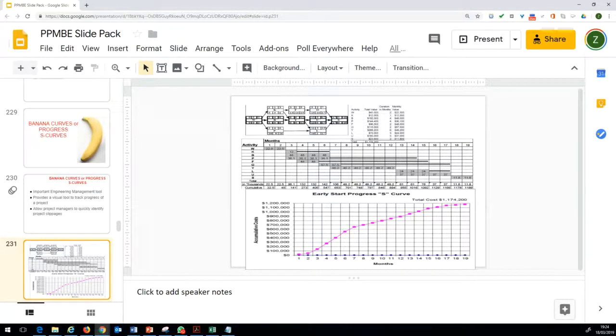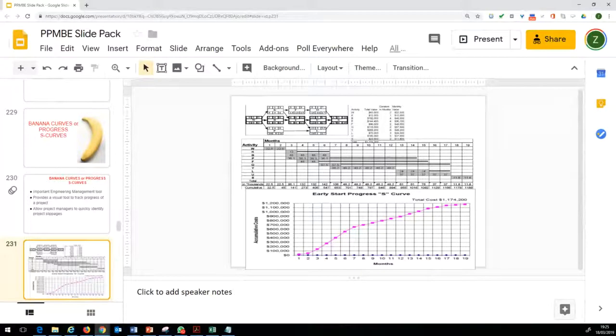As you see, as we move to the third month, our total spend is 141,000, and as we move to the fourth month, it is 273, and as we move to the fifth. Using this data, we have plotted it as a curve, and you can see exactly a S shape.